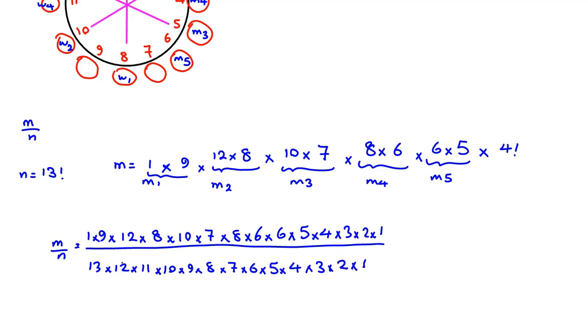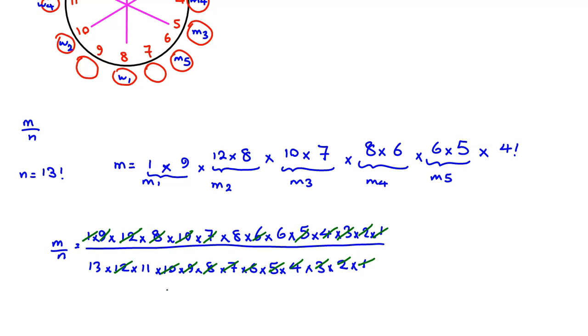And then we simplify 12, 12, 11, do we have 11? No. 10, 10, 9, 9, 8, 8, 7, 7, 6, 6, 5, 5, 4, 4, 3, 3, 2, 2, 1, 1, and 1 is not important.